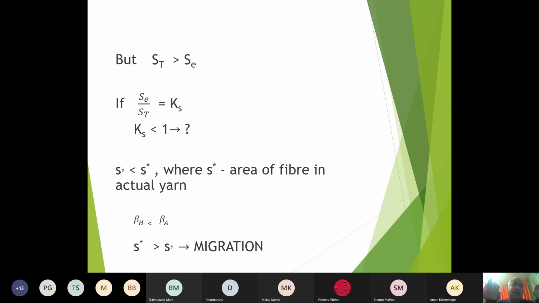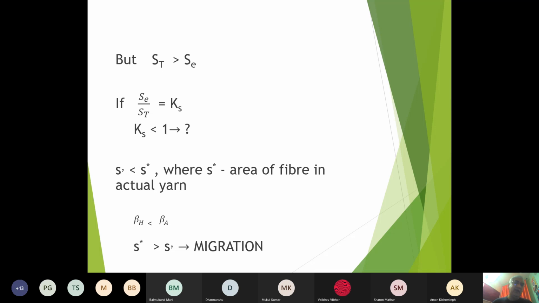But even so, the Ks value is lesser, because one aspect I'm missing is fiber migration. What is fiber migration? Of course, it is a separate chapter which I will take later, but for the time being I will tell you what migration is.